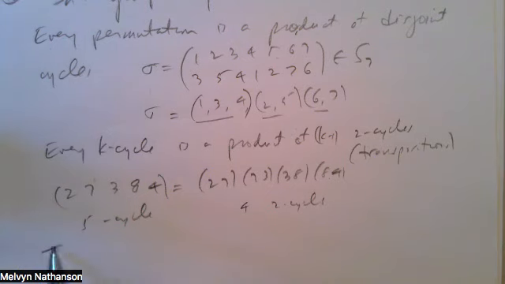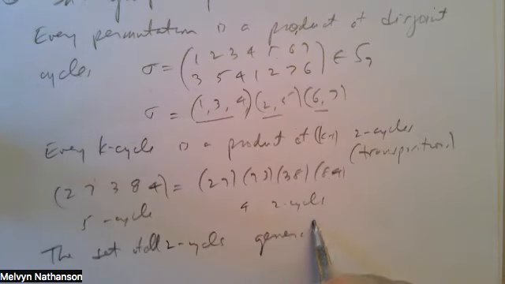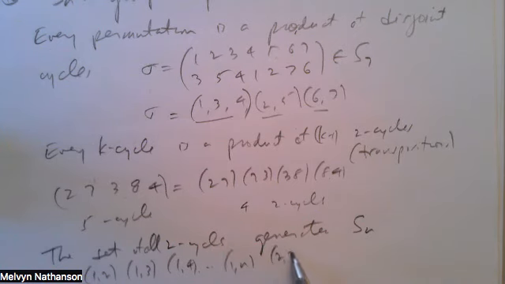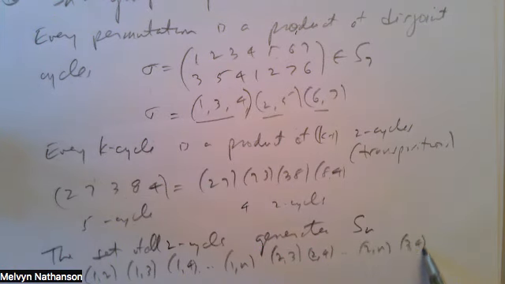So the set of all 2 cycles generates the symmetric group Sn. If you look at all the 2 cycles, 1, 2, 1, 3, 1, 4, up to 1n, 2, 3, 2, 4, up to 2n, 3, 4, and so forth, the smallest subgroup that contains all of the 2 cycles is the entire symmetric group, Sn.